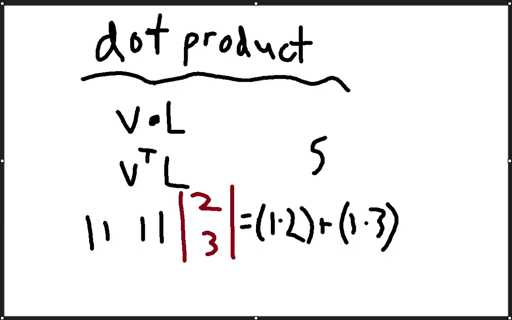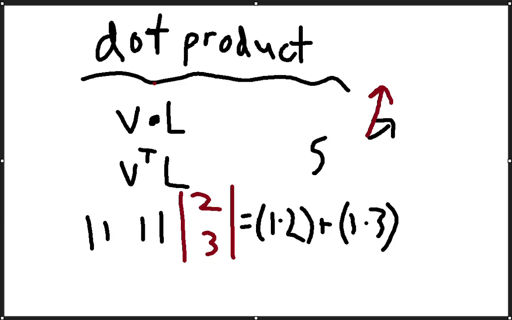And basically this measures how much they are in line with each other, because you can imagine vector v looking like this and vector L looking like this. It basically measures how much they are pointed in the same direction.